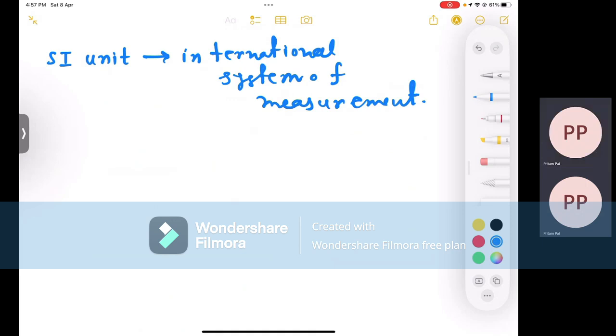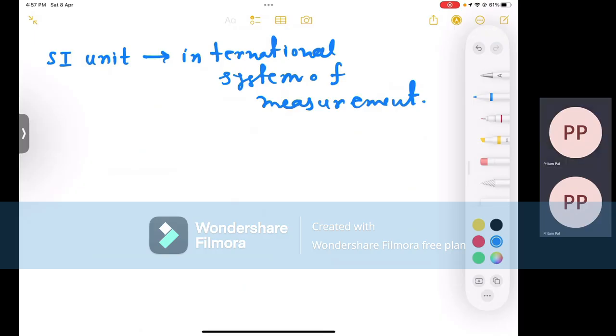So basically, these are used universally in technical and scientific research to avoid confusion with the units, right? Having a standard unit system is important because it helps the entire world to understand the measurements in one set of unit system.